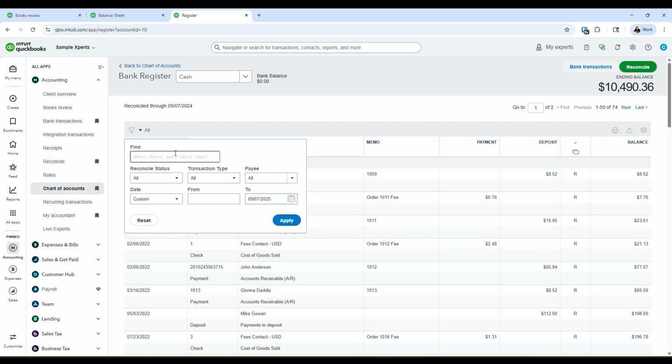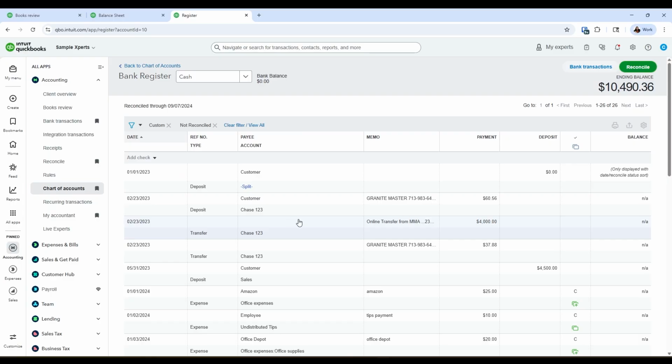Okay, and on the reconciliation status, I want to look for things that have not been reconciled, even though this account has been reconciled up to 2025. I don't put anything on the box that says from, just on the box that says to.